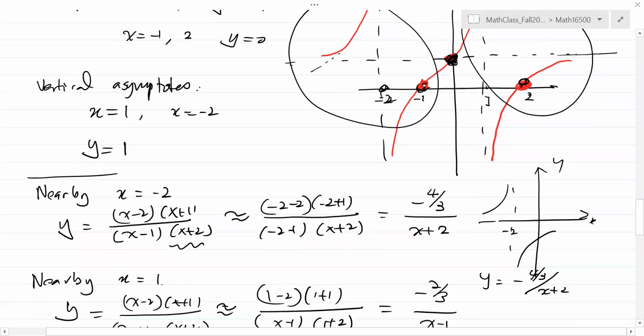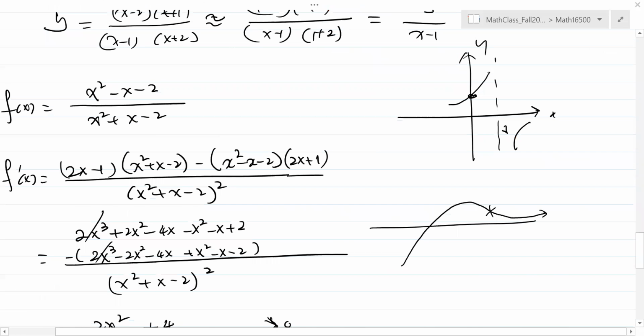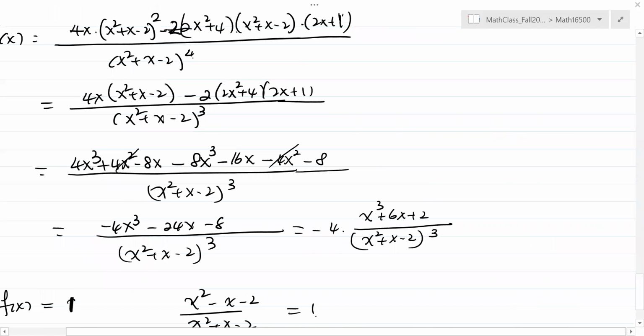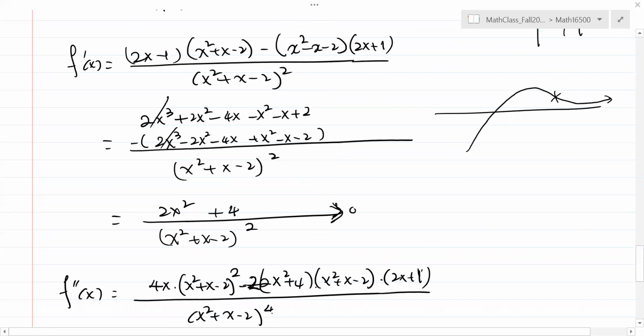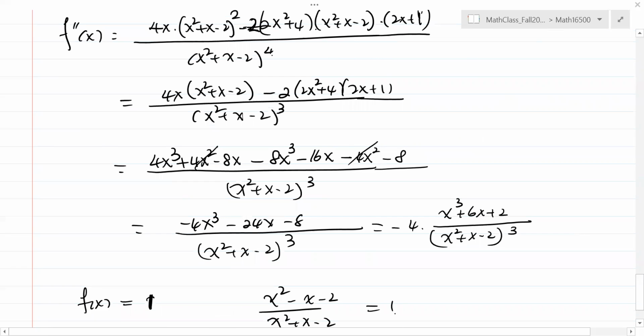Well, if you want to check, the inflection point is difficult to find because you have to set this equation to be 0.